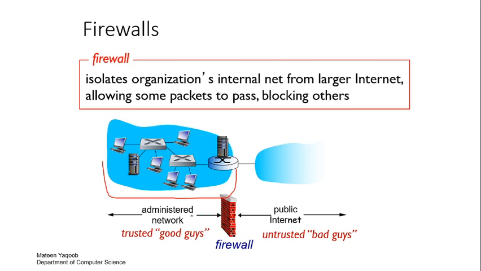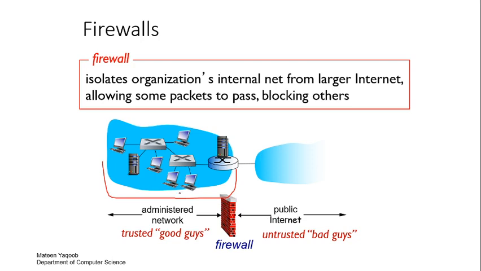So it means your administered organization network contains the good guys, and the public internet contains the untrusted or bad guys, because hackers or intruders can be located in the public internet.